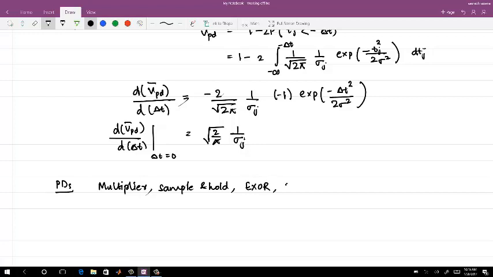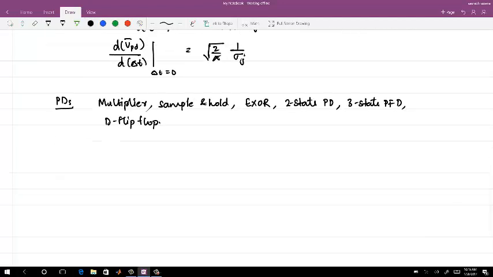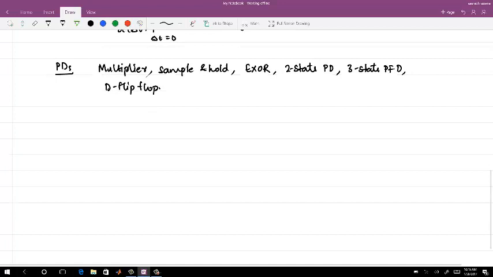After that we used the two-state PD, then the three-state PFD, and finally we had the D flip-flop. I have talked about all these working as phase error detectors. I have not talked about them as frequency error detectors.